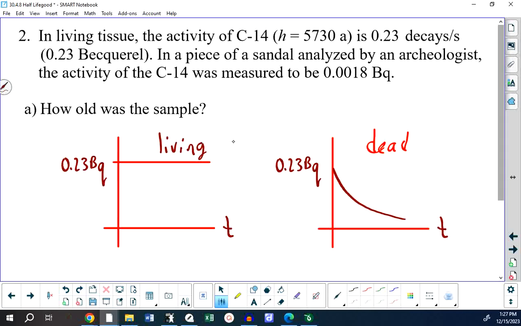But what that means is I can take a Geiger counter, find a piece of leather from a cow or something, measure the activity of that, and use physics to find out how long ago it died. This is what radioactive carbon, radiocarbon dating does.